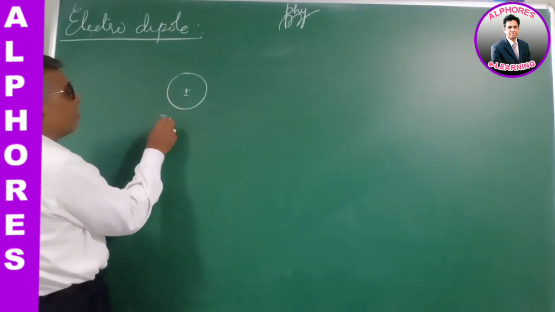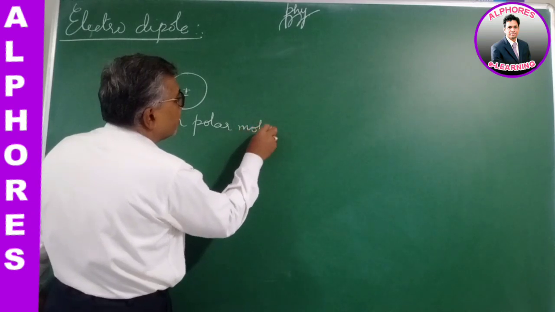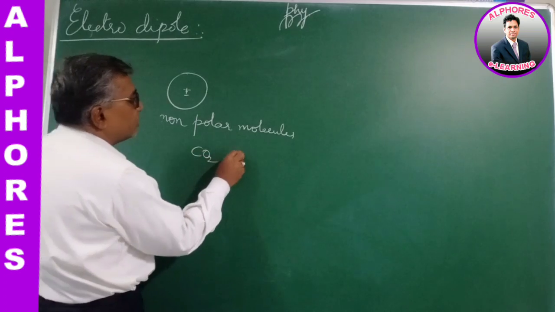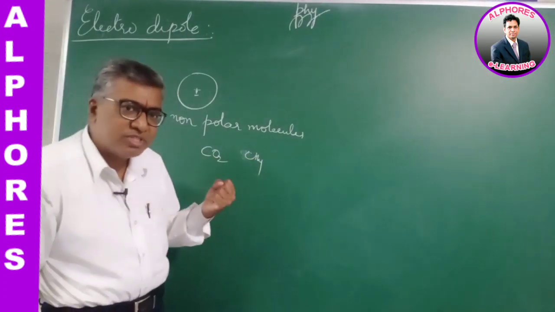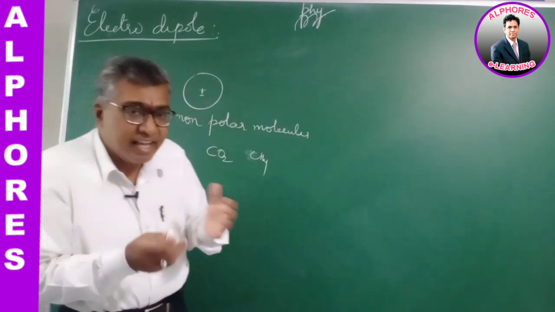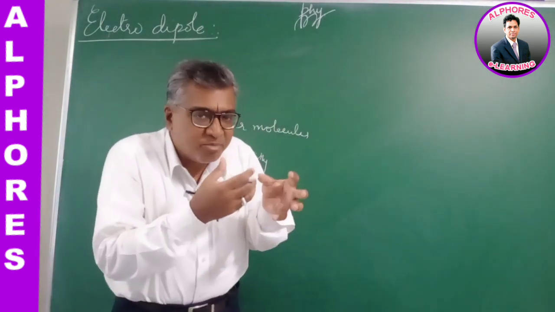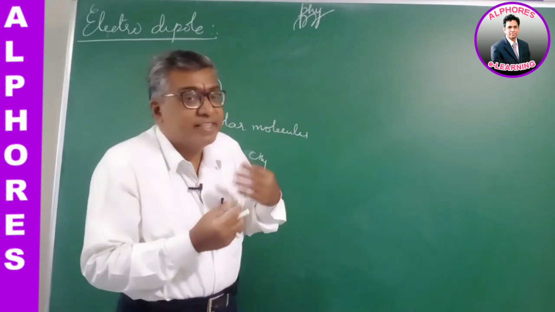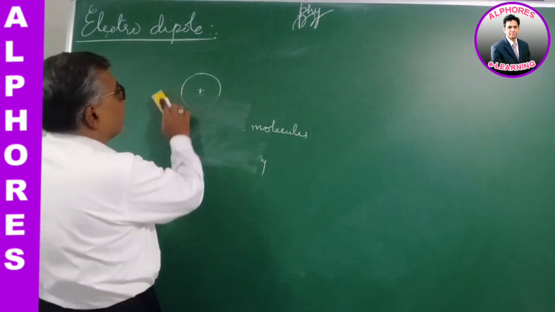These molecules are called non-polar molecules. Example: CO2, CH4, and so on. Such molecules do not possess any net dipole moment alone, but when they are placed in a uniform electric field, the center of the positive and center of negative get separated by a small amount. Then they show some net dipole moment. Such molecules are non-polar molecules.